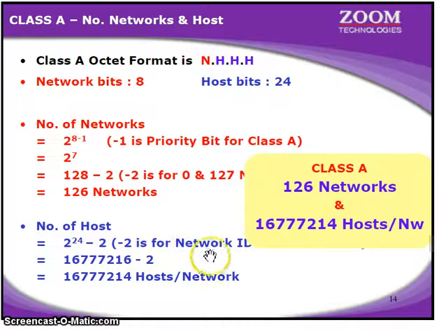Minus 2 is for the network ID and the broadcast address. So in total it gives us 16,777,214 hosts per network in class A.